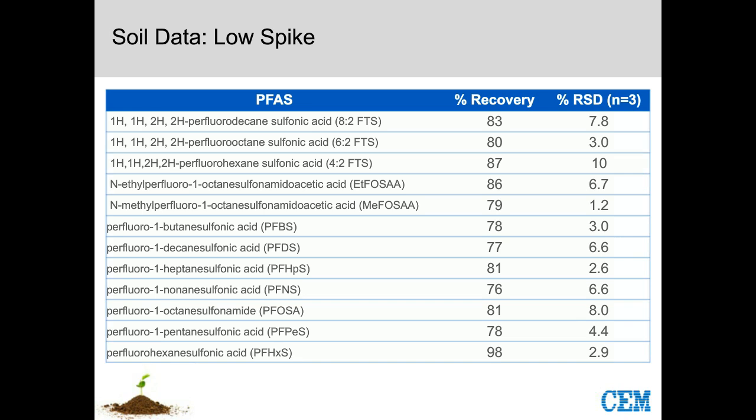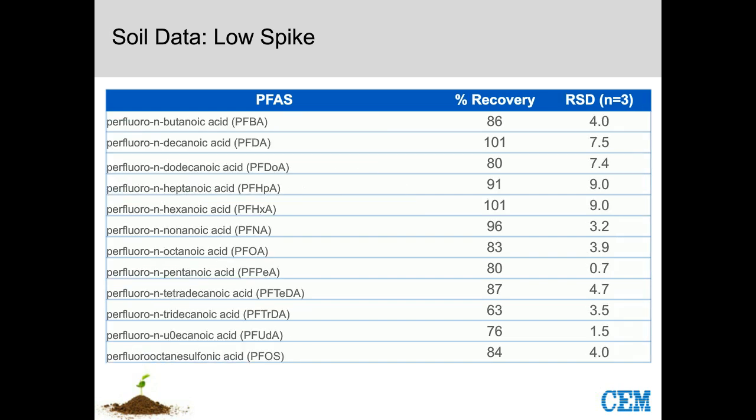Overall, you see that we get good recoveries across the board and good RSD values for the 12 PFAS that you are looking at here. If we move on to the additional 12, we see the same story. Across the board for the 24, we got good recoveries and good RSD values for the low spike, which is the most challenging, really. So we're very happy with this data.